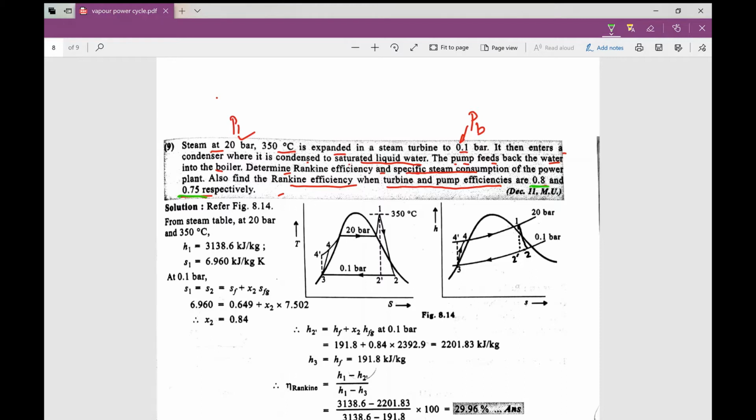It is the actual expansion in the turbine and compression in the pump, right? So in this diagram, dotted lines show isentropic, vertical, where entropy remains constant, right? And with the continuous line it is shown for the actual one.